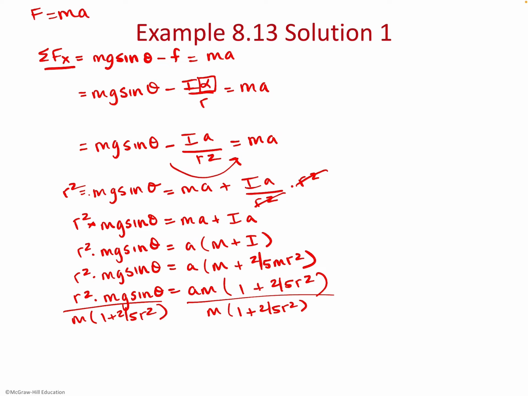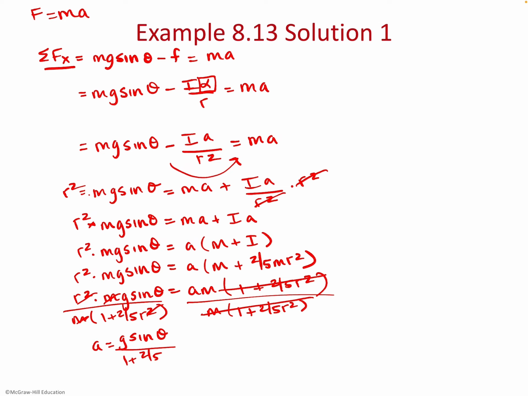What happens is your r squared is going to cancel, your mass is going to cancel, and you're going to be left with acceleration equal to gravity sine theta over 1 plus 2/5.